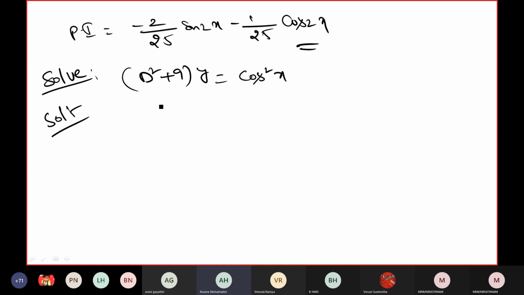Okay. So finding CF, what are the roots of CF? Anyone? Plus or minus 3, sir.